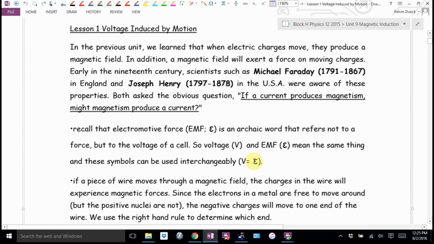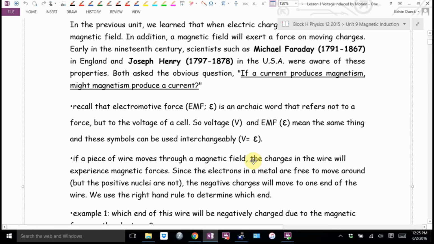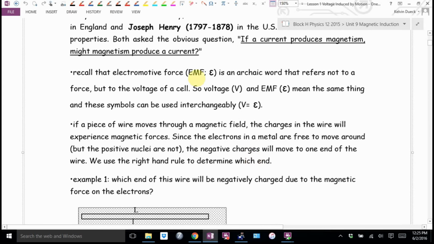We're going to use notation to avoid having multiple V's in the same equation where one V means voltage and one V means speed or velocity. So we're going to use this EMF symbol, that curly E. This is going to be our symbol for voltage for this unit.